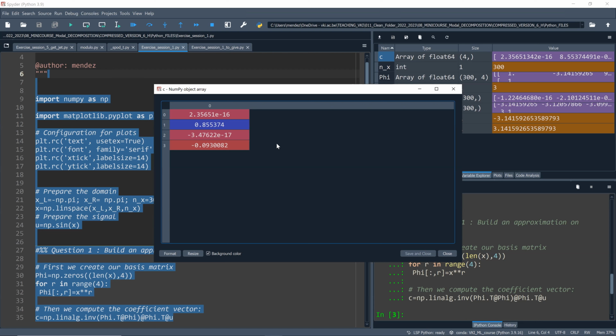Yes, that would be much better. You can only use NumPy.